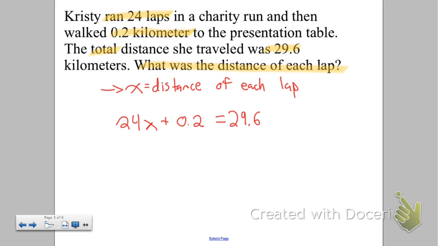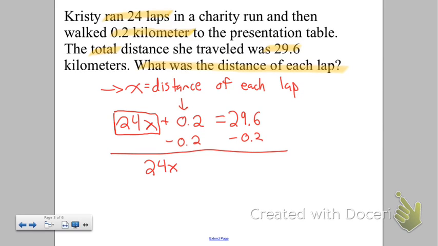So now I'm going to solve this equation. I have 24x. I need to get rid of this 0.2 first. So I can subtract 0.2 first. I have 24x. 0.2 minus 0.2 cancels out, equals 29.6 minus 0.2, which is equal to 29.4.